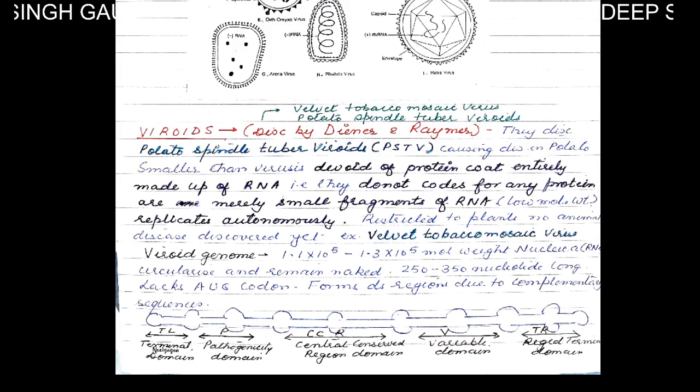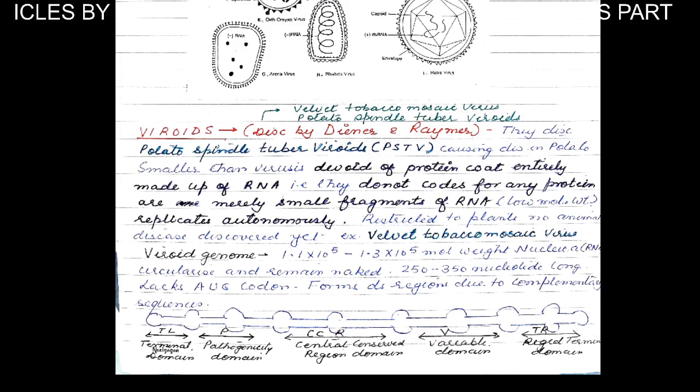This is also a viroid, not a full-fledged virus, and the viroid genome is about 1.1 × 10^5 to 1.3 × 10^5 Dalton molecular weight nucleic acid, and the nucleic acid is RNA, not DNA.